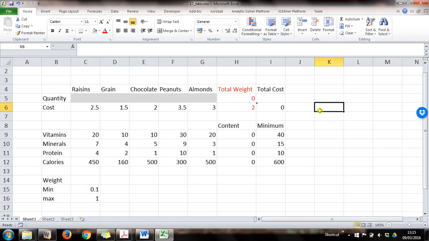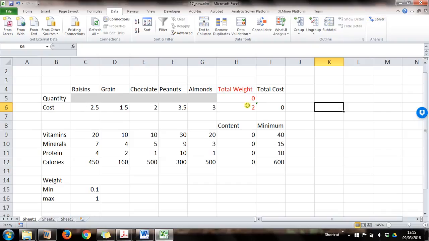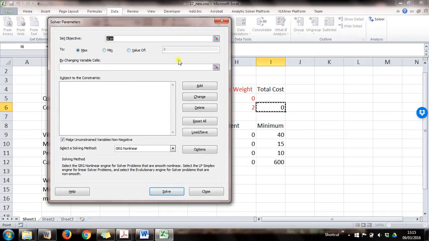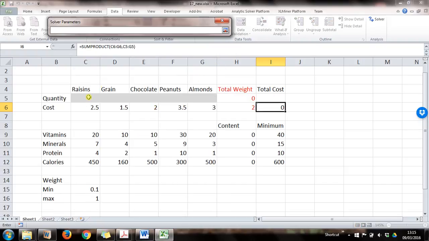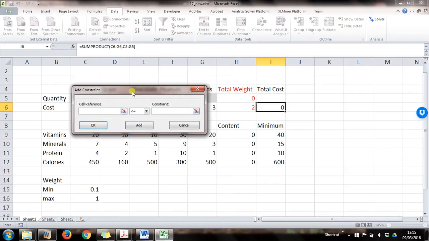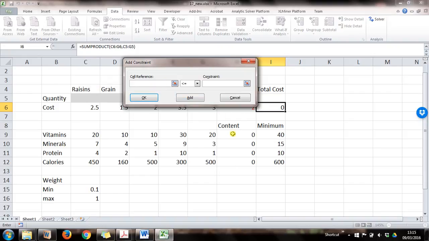We can start putting the constraints here. Go to the Solver, say I6. We want to minimize it. Decision variables are the weights. Subject to the constraints, these values should be greater than or equal to these values.